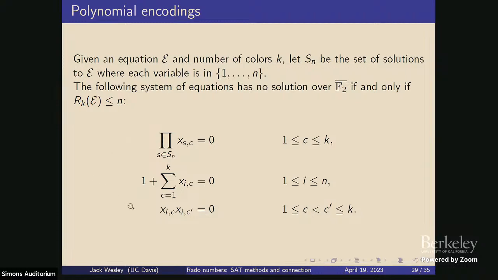And then if you want, you can include these equations as well that forbid integers from having multiple colors. This has no solution over F2 exactly when the Rado number is at most n.